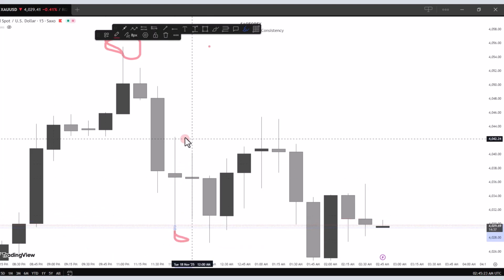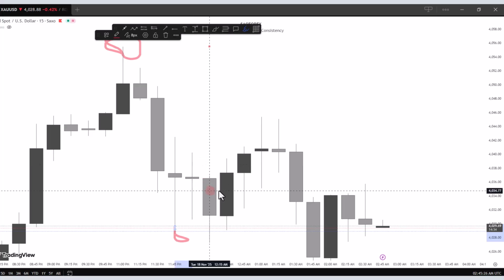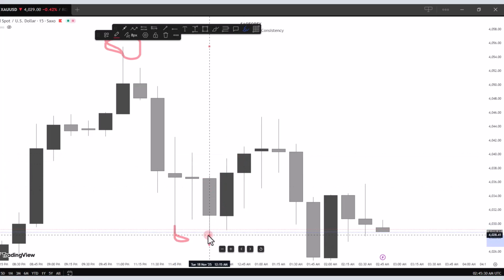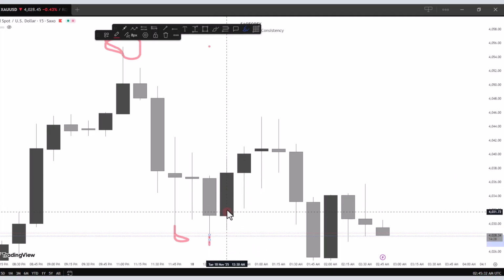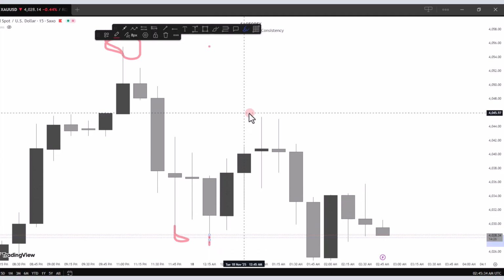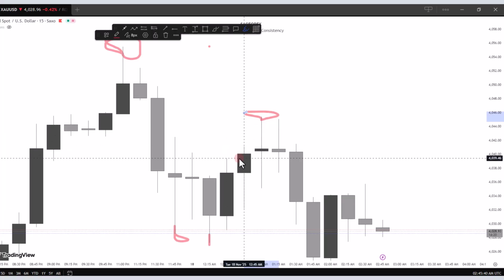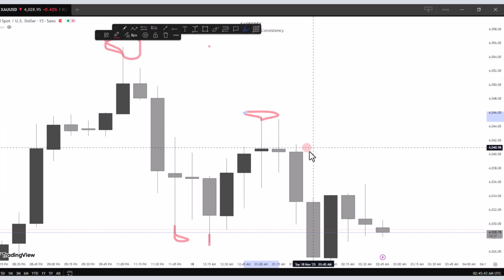Then if you go up, you want to look for a swing high. And if we come here to this place too, we can call it a swing low. If you go up, you check this place as qualified to be called a swing high because it is higher than the candle before it and higher than the candle after it.